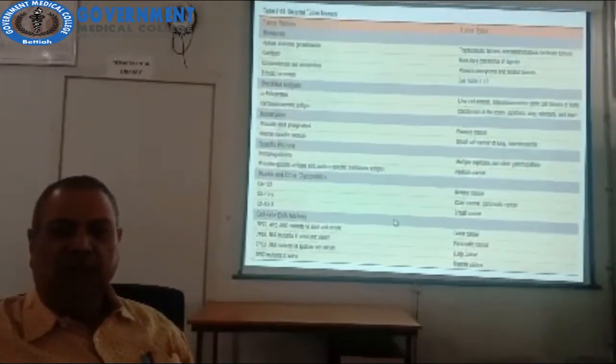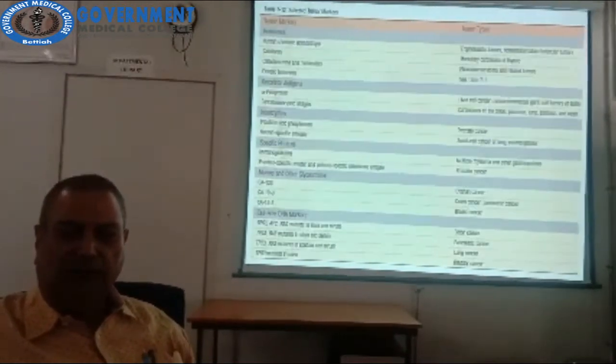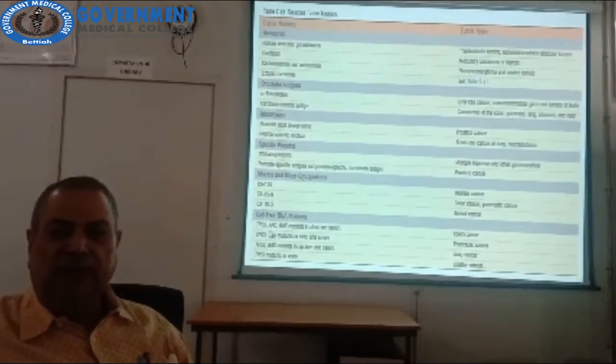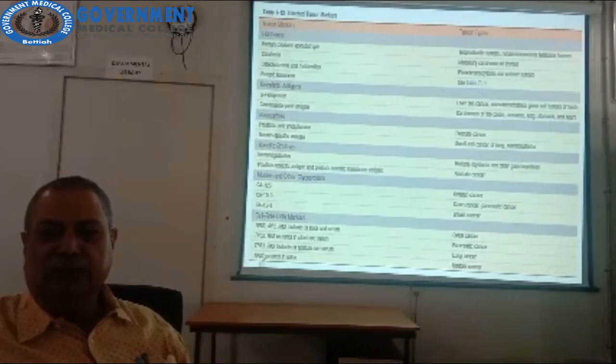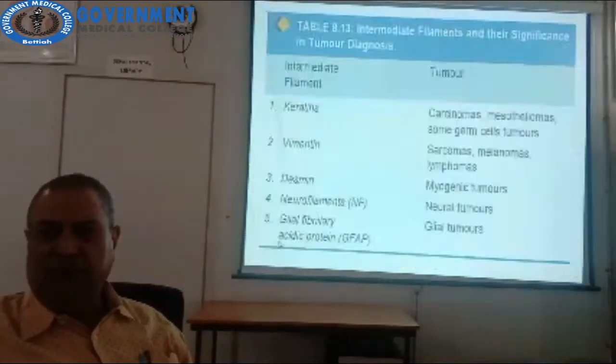So DNA markers are additional tumor markers given in this Robbins textbook of pathology.